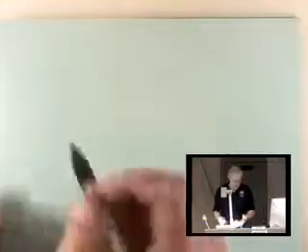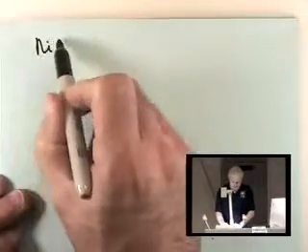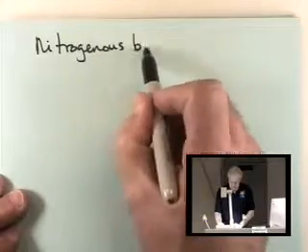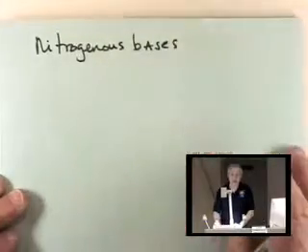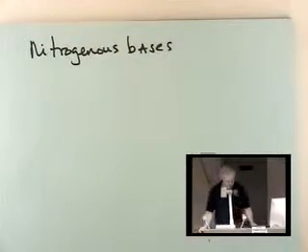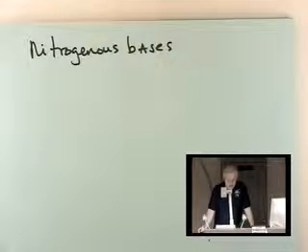Well, now let's get a bit specific and remind ourselves that the key players are the nitrogenous bases. Right? Without these, there's 4 of them in the DNA. Slight differences, as you know, between the DNA and RNA. But just the same, the nitrogenous bases are the key thing.